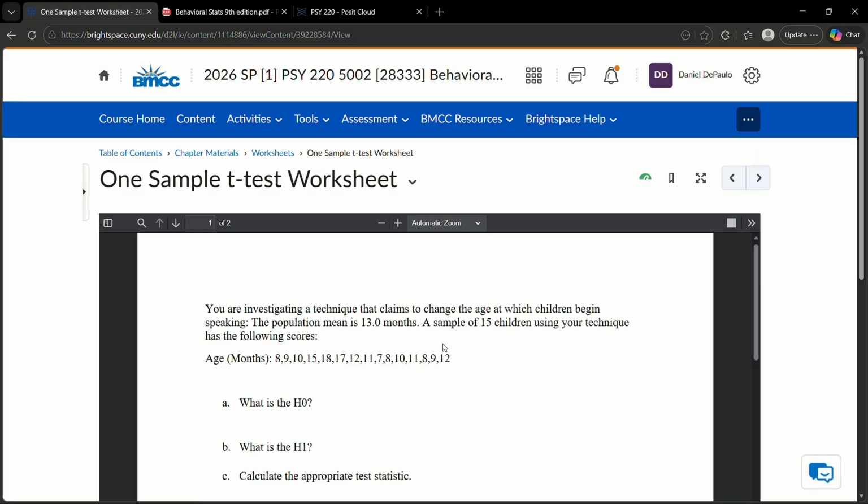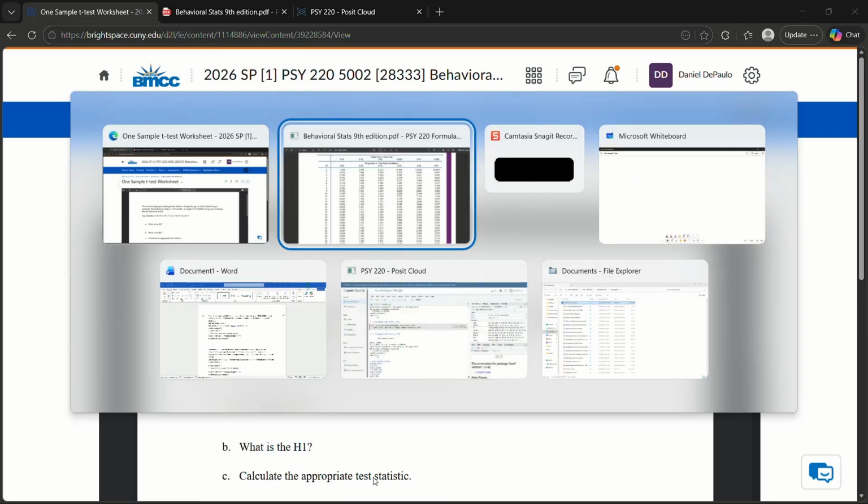So the first problem here: you were investigating a technique that claims to change the age at which children begin speaking. Population mean is 13 months. A sample of 15 children using your technique has the following scores. And we're going to work on that first problem here. So let's go to the whiteboard.